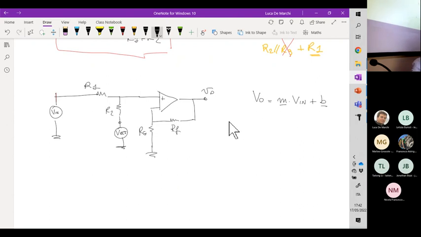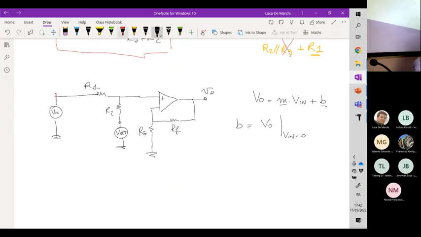Well, how can we find B? B is equal to the output when the input voltage is equal to 0. So we can null this input and find the output.